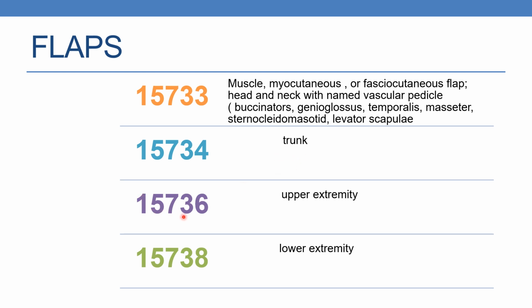The next is 15736, muscle, myocutaneous or fasciocutaneous flap, the region is upper extremity. These are all donor sites. The next is 15738, muscle, myocutaneous or fasciocutaneous flap, the region is lower extremity.